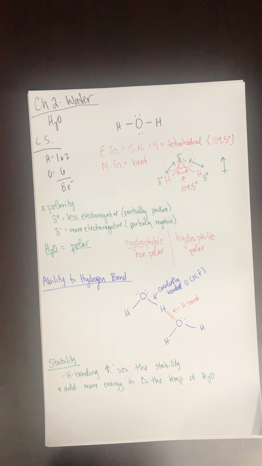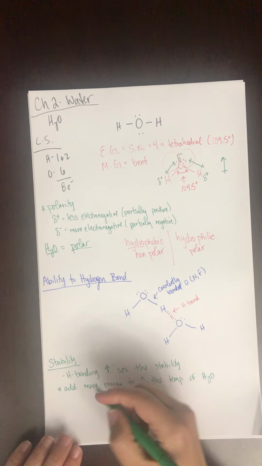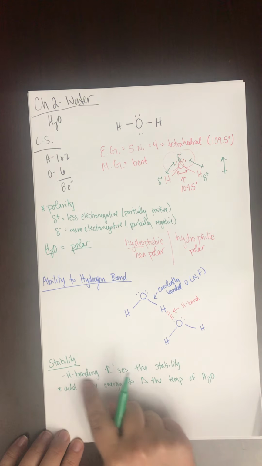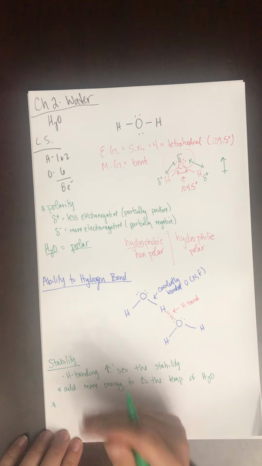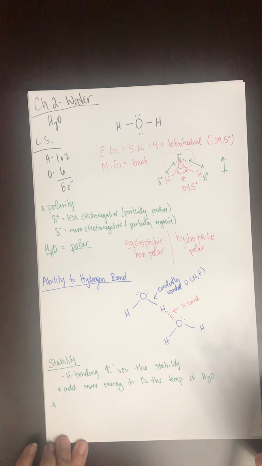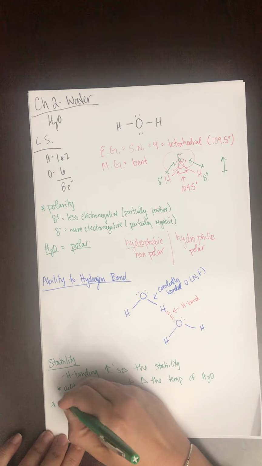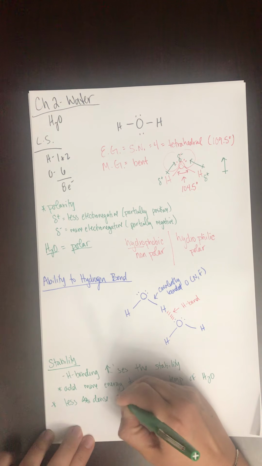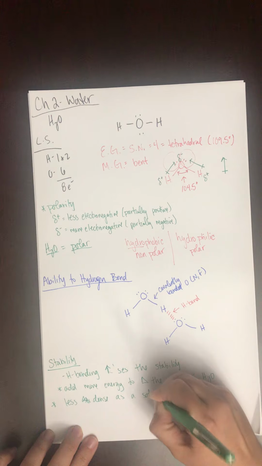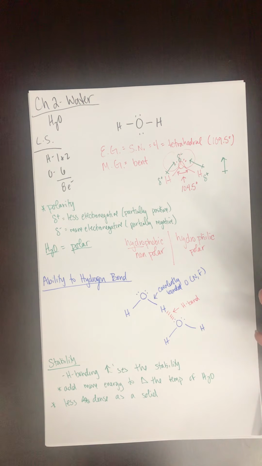Also, another important part about water is that because these hydrogen bonds increase the stability, water is one of the few substances, it's not the only substance, but it's one of the few substances that is actually less dense as a solid. Because of the lattice structure of these hydrogen bonds, it actually expands. And you all know this because if you put an ice cube in a glass of water, the ice rises, it floats on the top.